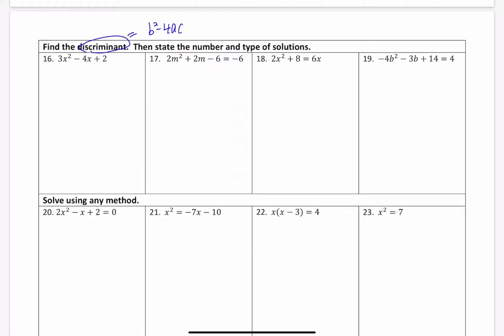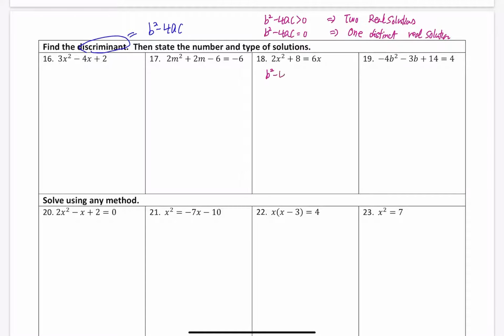If b squared minus 4ac is positive, there are two distinct real solutions. If the discriminant is equal to 0, there is one distinct real solution. Actually, there are two real solutions, but they are the same.